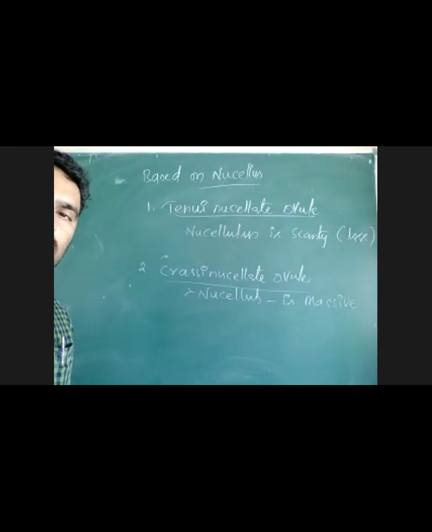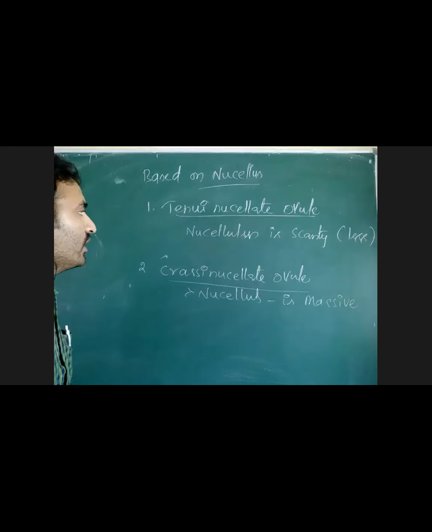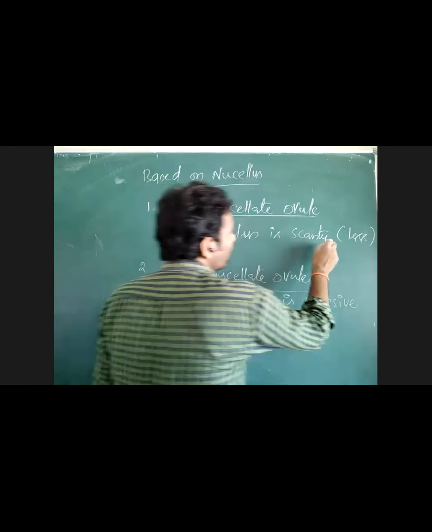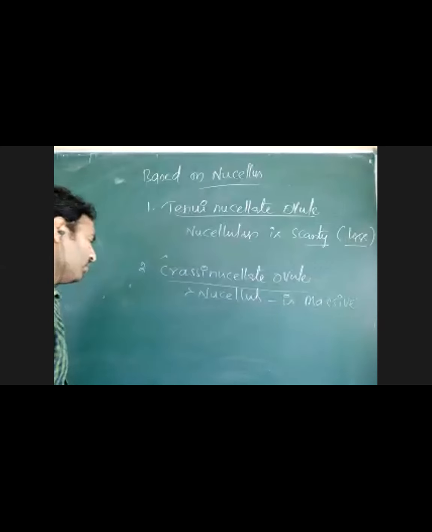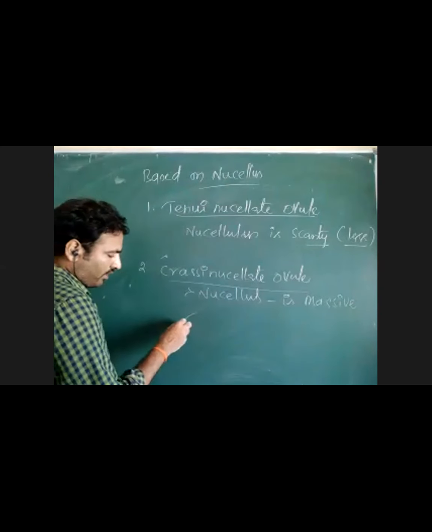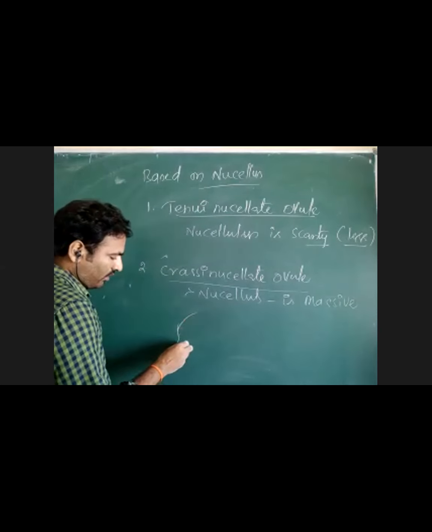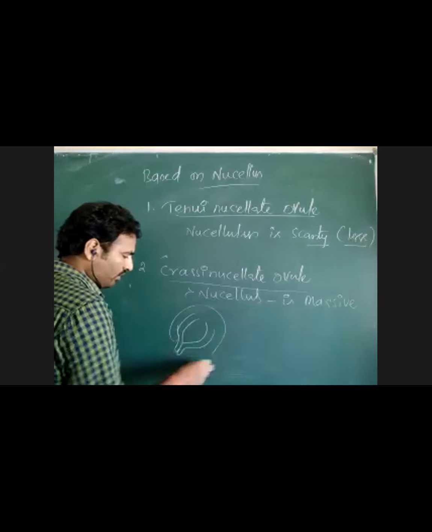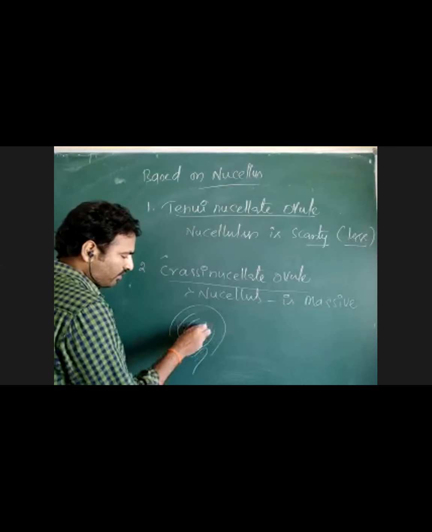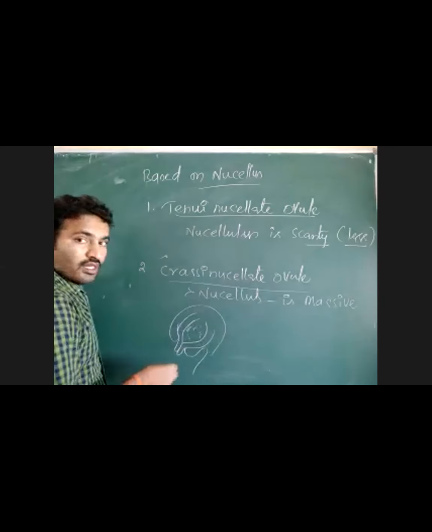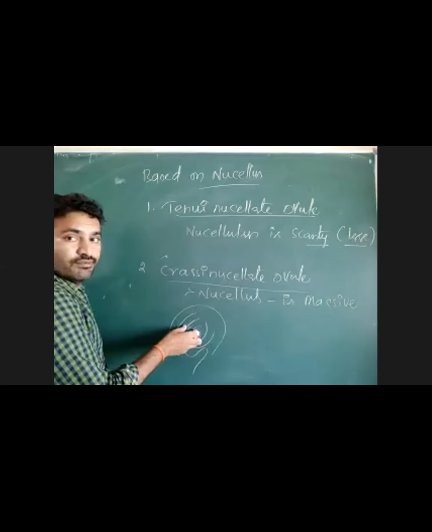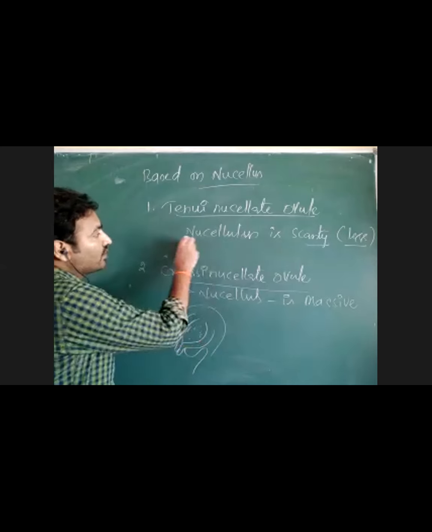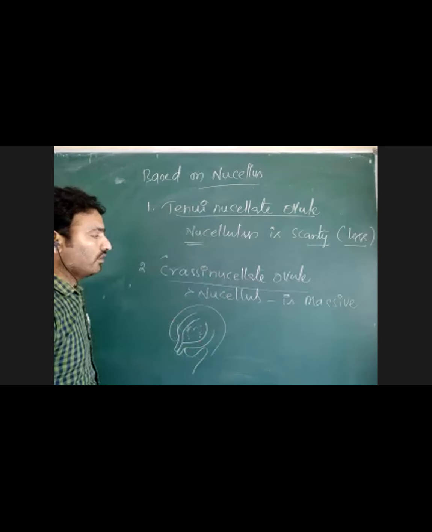One is the tenuinucellate ovule, where the nucellus is scanty or in less amount. Where is the nucellus present? Inside the ovary there is the ovule. Inside that ovule, the main part is the nucellus. This is the nucellus. If the nucellus is very little, or a less amount of tissue is present in the nucellus, then it is called a tenuinucellate ovule.